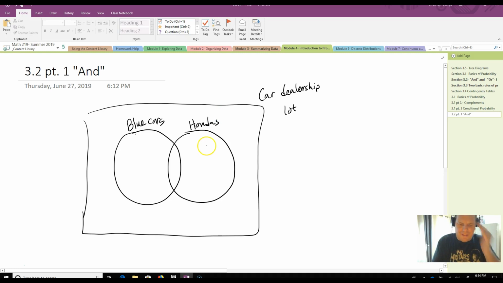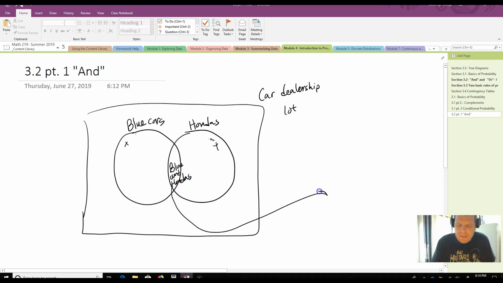Anything that's inside of this grouping here, that's a Honda. So this one right here is a Honda. And anything that's over here inside of the blue dot is blue cars. Then in the middle here, we have those that are blue and Hondas. So those are all of our blue Hondas. They have both characteristics.